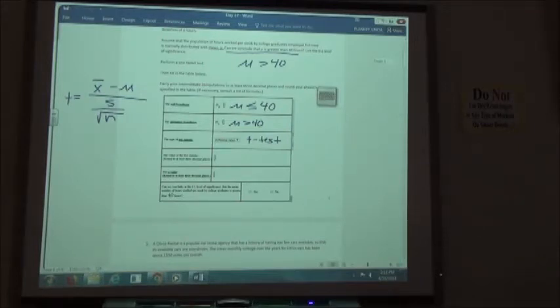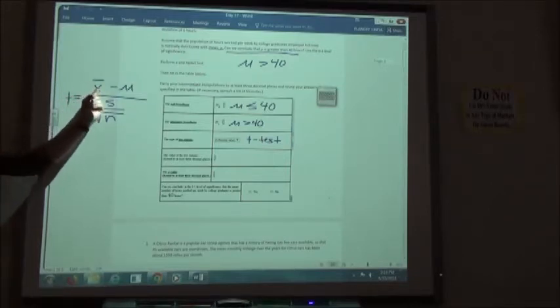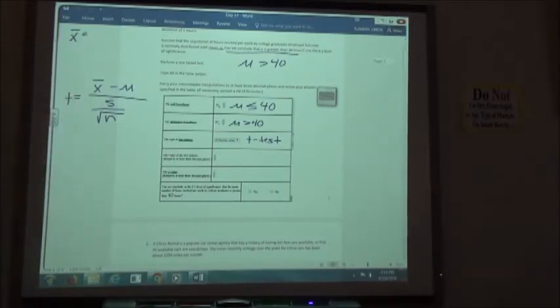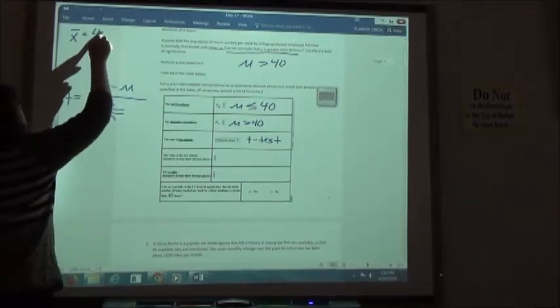So, first thing we want to know for our formula is what is the mean of the sample? What is x bar? So if you read through there, for the sample, what is the mean that they tell you you have? 44, exactly. That's what it is.